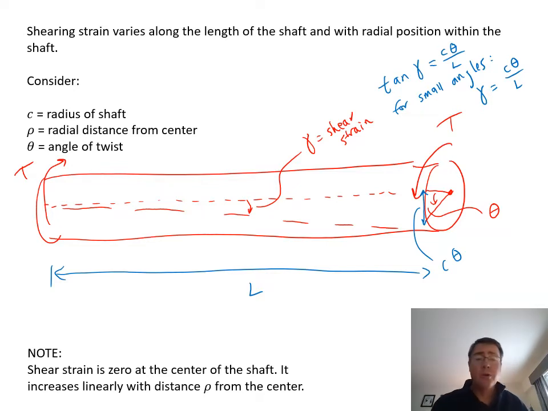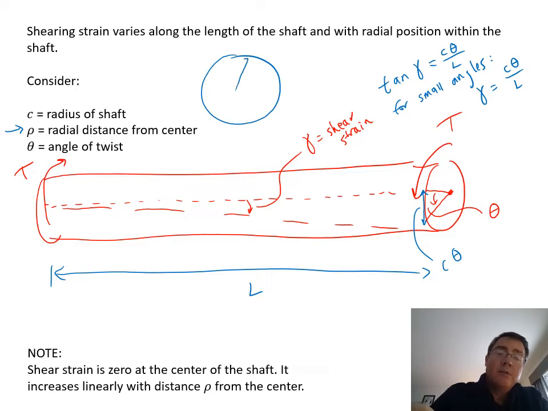One thing that's important to notice here, however, is related to this rho, the radial distance from the center. We can write shear strain as c times theta over L, like we've done, but instead of just this c as the radius, we're also going to define a radial position, which will just be rho.